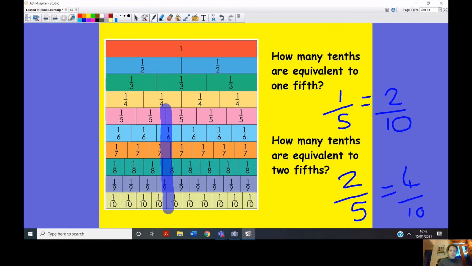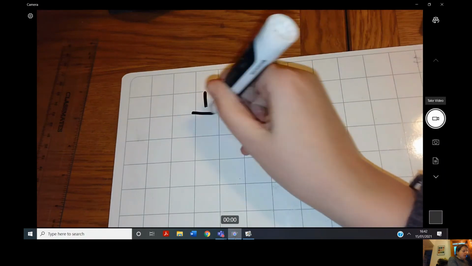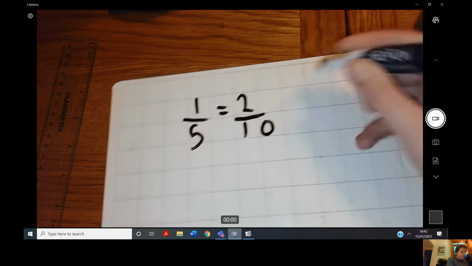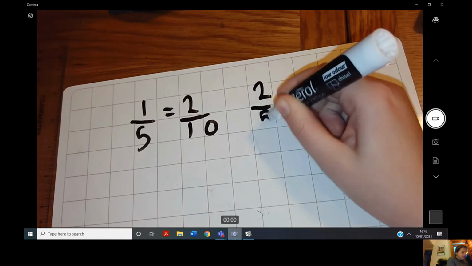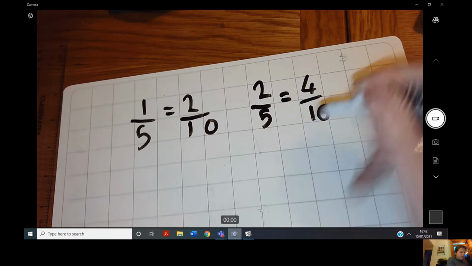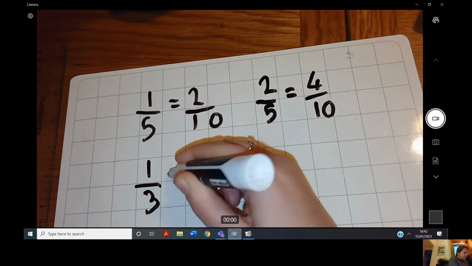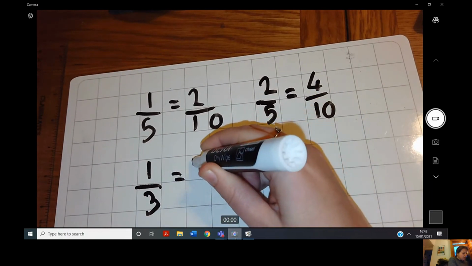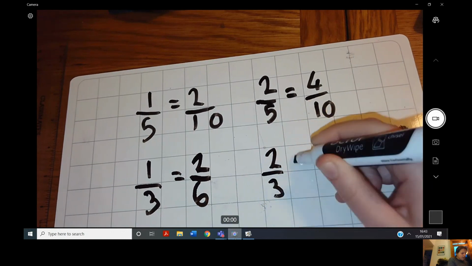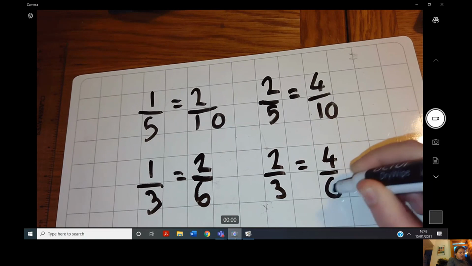Now, are we ready to see a bit of a sneaky pattern? I think we are ready to see a sneaky pattern. 1/5 equals 2/10. 2/5 equals 4/10. 1/3 equals 2/6. 2/3 equals 4/6.